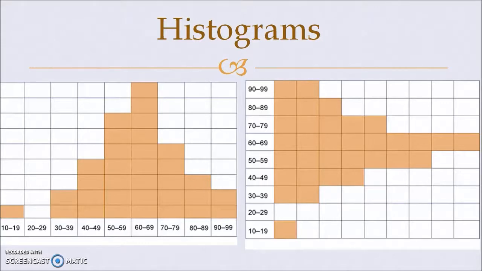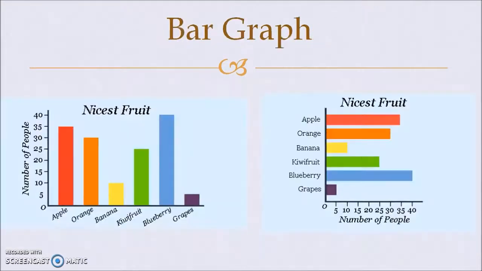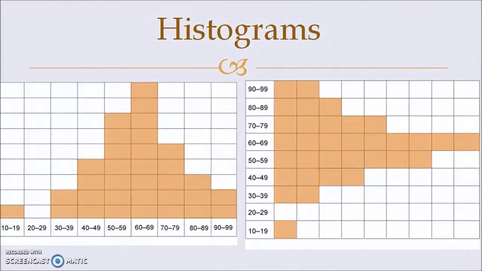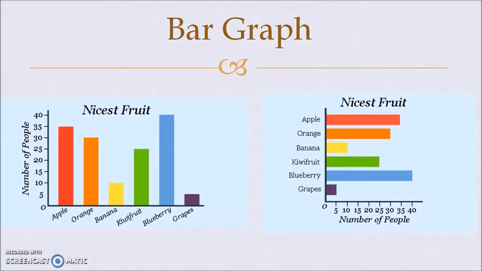The last two things are the histograms and the bar graphs. The histograms and bar graphs are again very good ways of representing information. If you look at it, these are both histograms. Do you think they're any different? No, they are the same information, but just their axis is changed. What is the difference between a histogram and a bar graph?